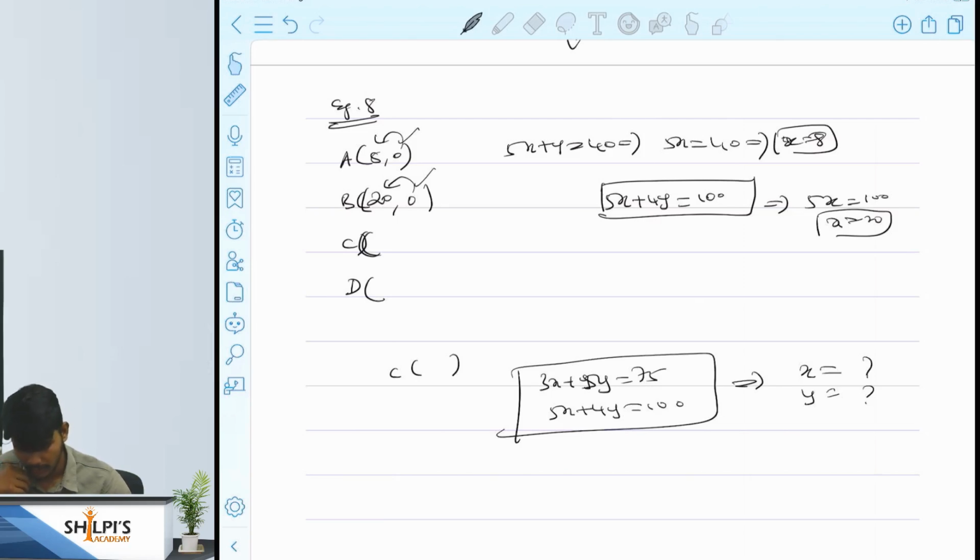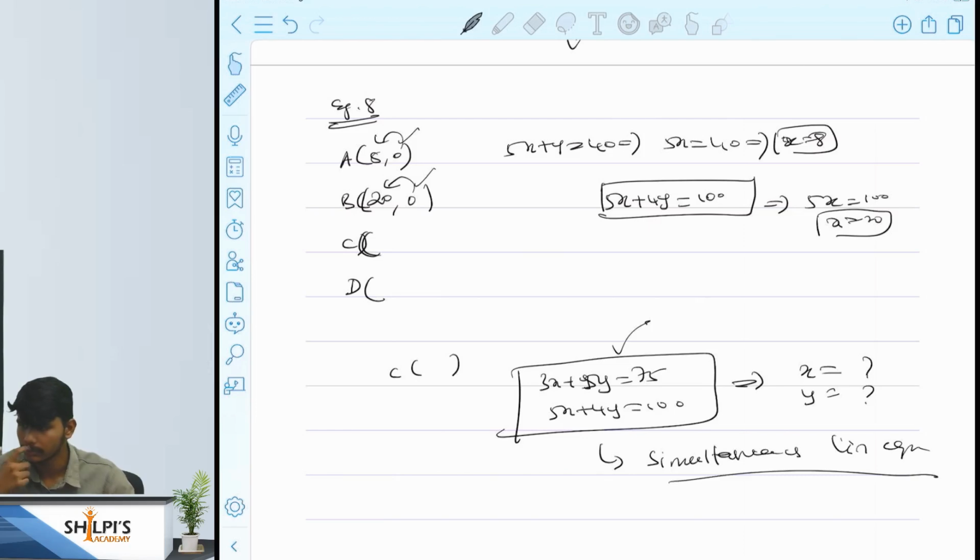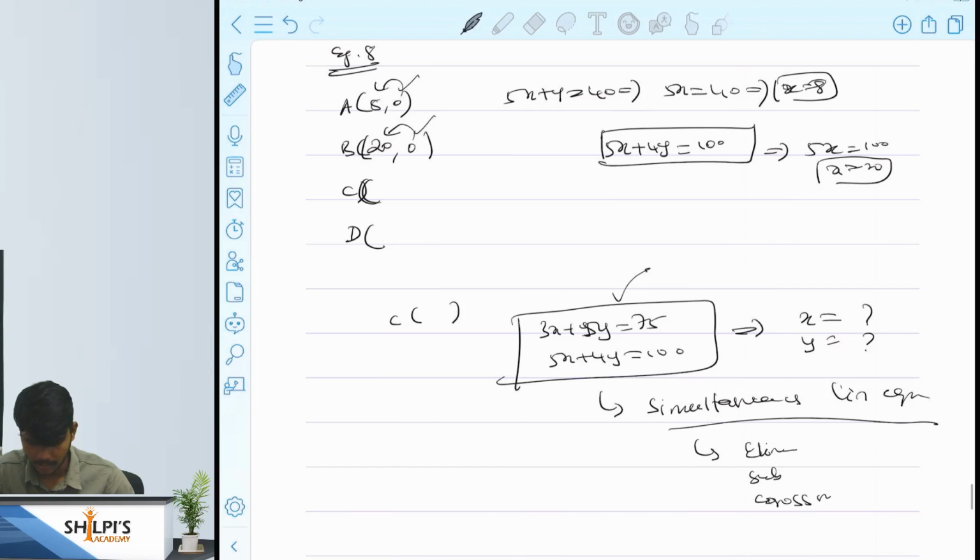Have you seen this system before anywhere? Simply, they are simultaneous linear equations. So we can solve this either by the elimination method or substitution method or cross multiplication method.